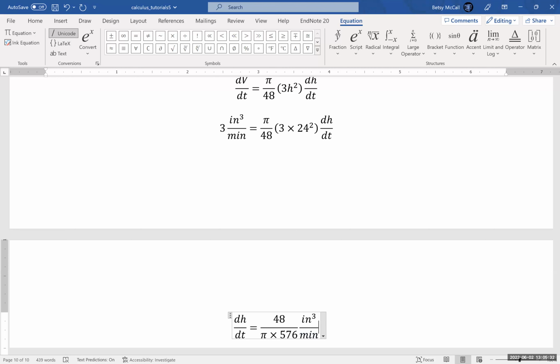And if we simplify that a little bit, we're going to end up with 1 over 12 pi cubic inches per minute.